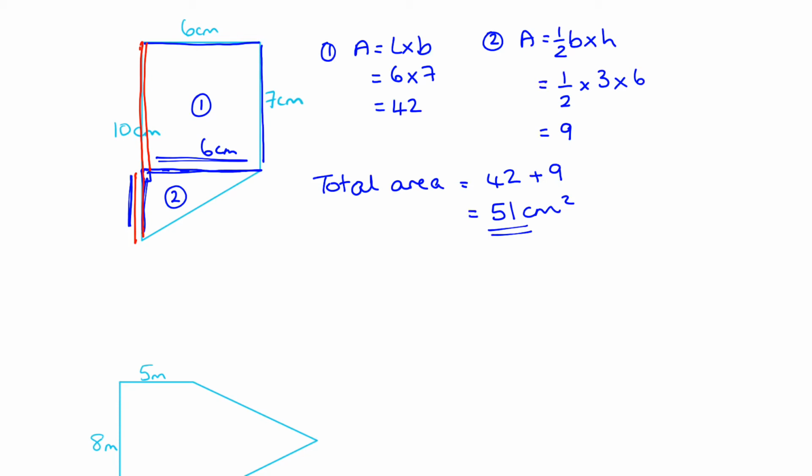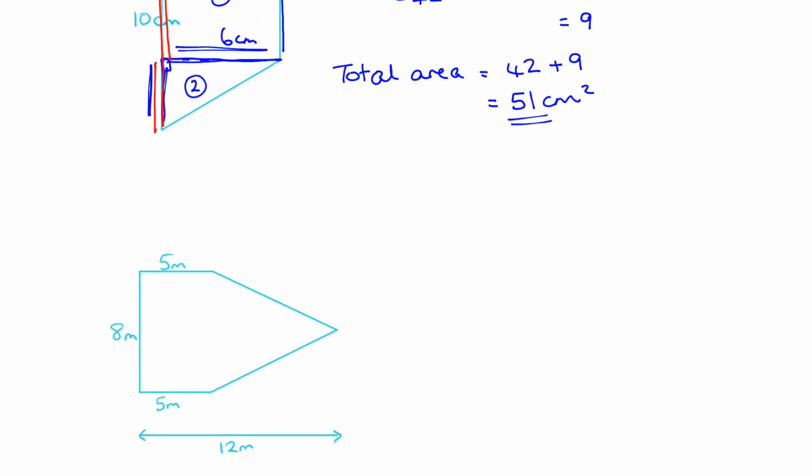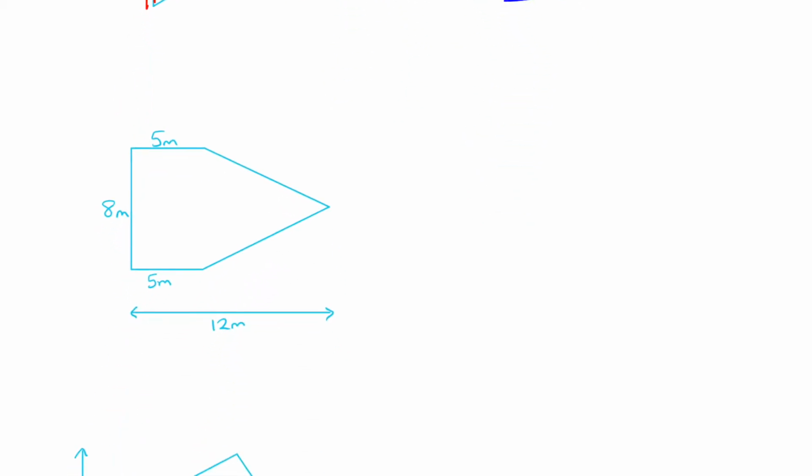Okay, I'll get the hang of these. Right, next one. Have a look at the shape, see what you can make of it. Now, usually when you're doing these shapes, you can split it into unhelpful shapes as well.